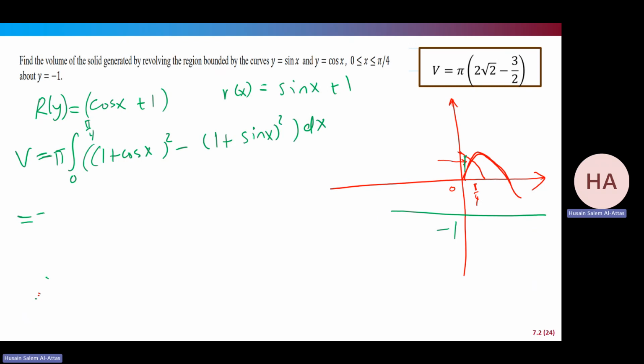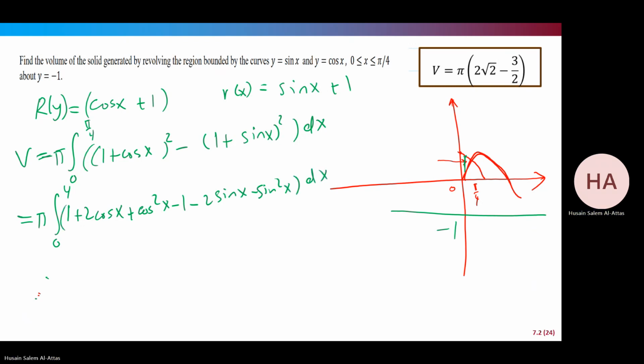Do the calculation: pi times the integral from 0 to pi over 4 of 1 plus 2 cosine x plus cosine square minus 1 minus 2 sine x minus sine square dx. 1 minus 1 cancels.